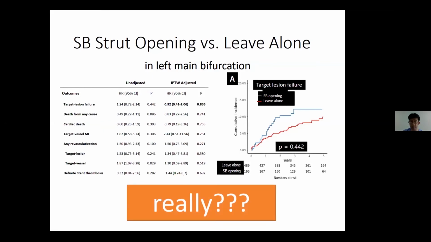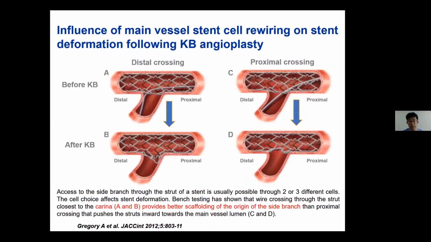Really? And this is my question. So if we perform a KBI, the wire recross point is very important because of the influence of main branch stent cell rewiring on stent deformation during kissing angioplasty. This is a distal wire crossing before KBI. The right panel is a proximal wire crossing.